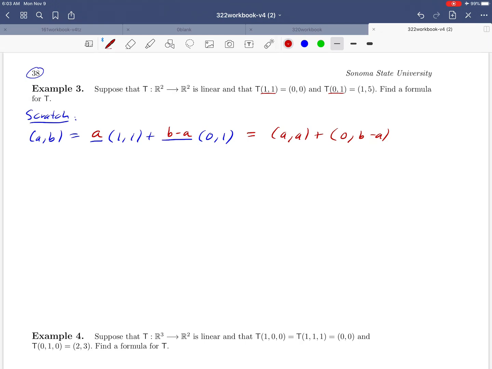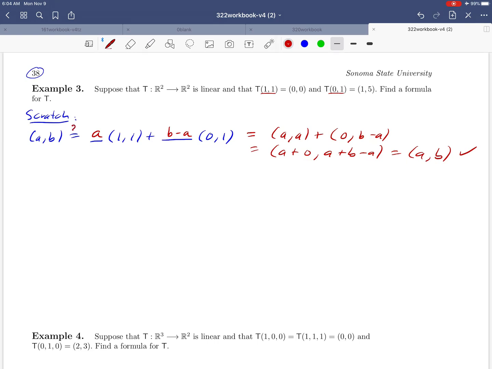If we continue that calculation, going to the next line so this doesn't get too cramped, it's going to be (A plus 0, A plus B minus A). And if you do the simplification, that gives us the (A, B) that we started with. That confirms that this is a true statement.